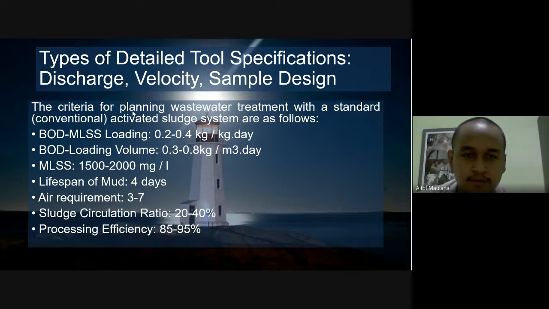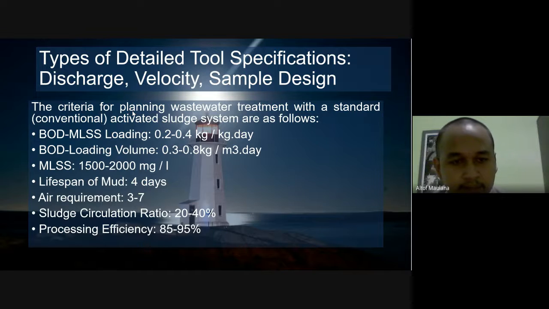BOD loading volume is 0.3 until 0.8 kg per cubic meter per day. The MLSS is 1,500 until 2,000 milligram per liter.